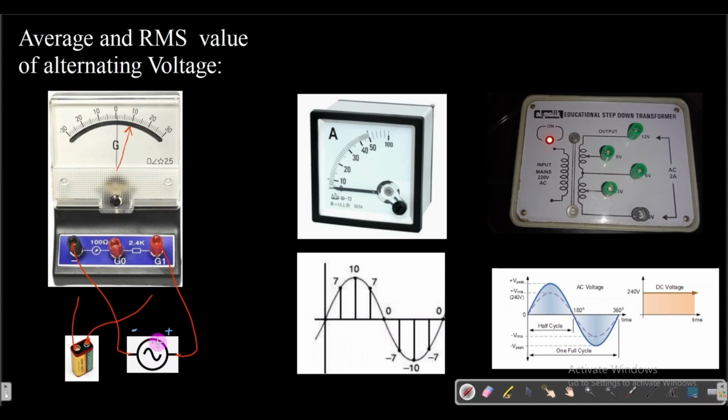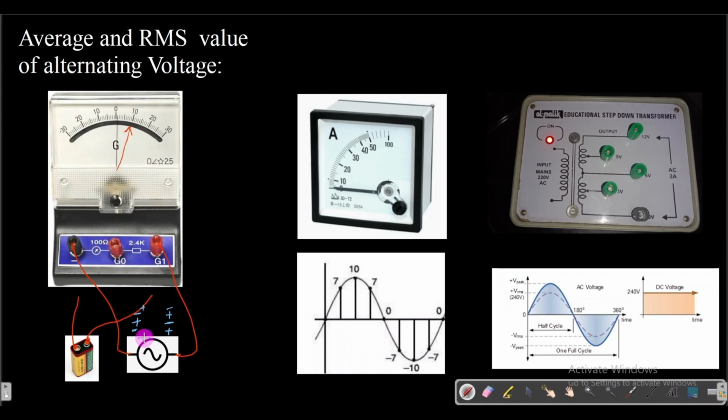If it changes its polarity, then this becomes negative and this is positive, and the needle of the galvanometer will be deflected on the left side of zero. Again the AC supply changes its polarity, this side becomes positive, and the needle is deflected towards the right side of zero. If it changes its polarity again, the needle will be deflected on the left side of zero.